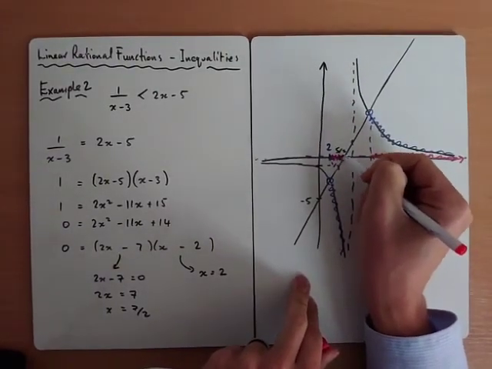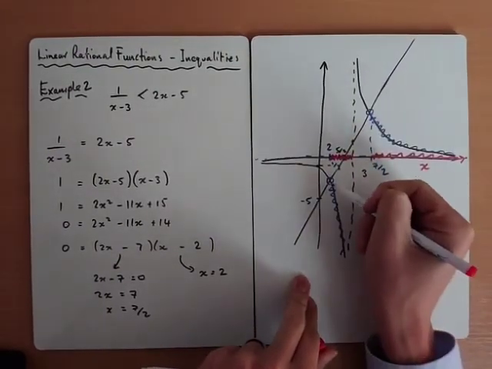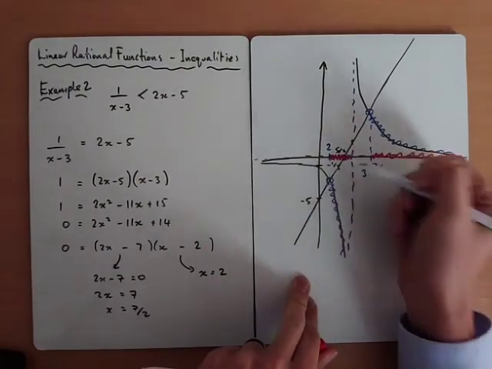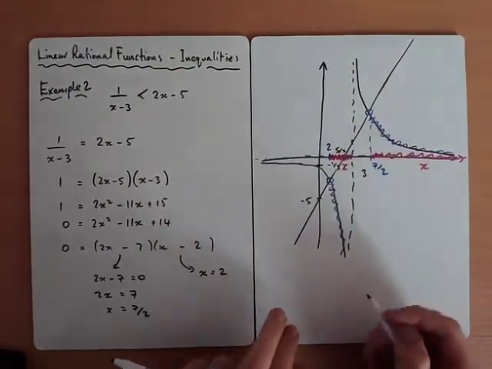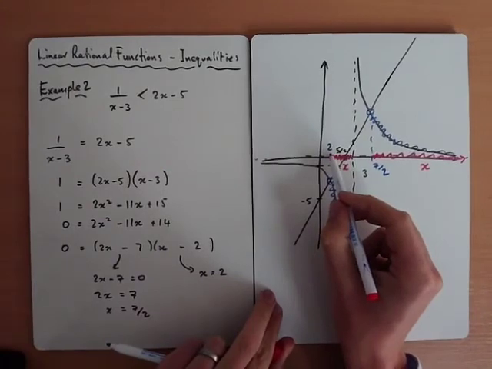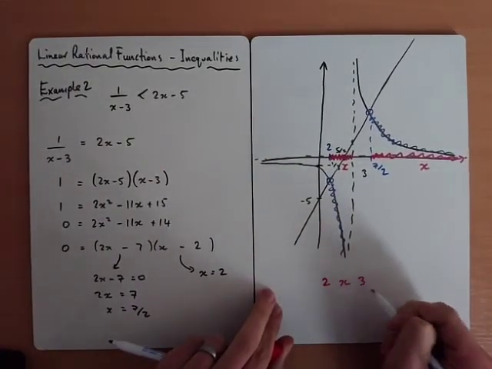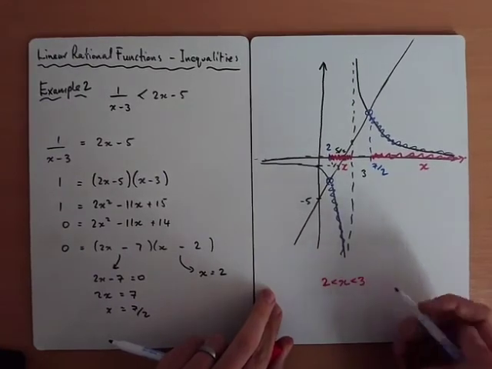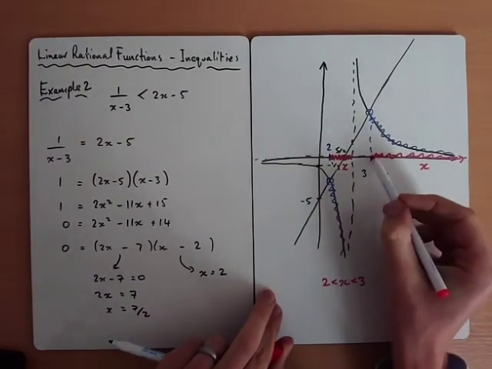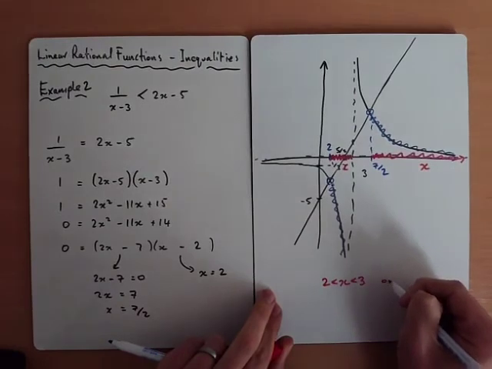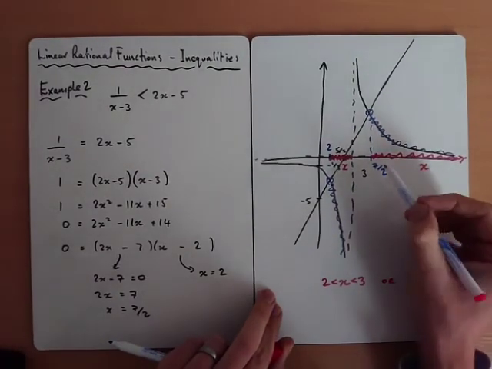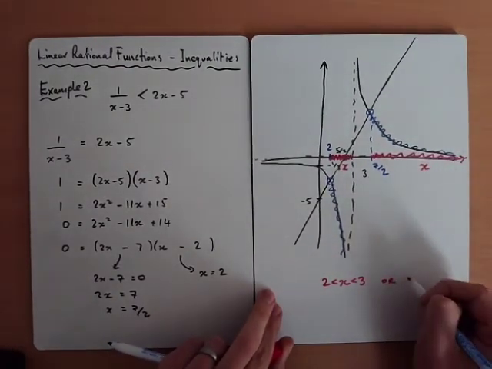These ones here as well, in this little section, are when the curve is less than the line. So we're going to have values between 2 and 3, or values bigger than 7 over 2. I've got to stop saying and, it should be or.